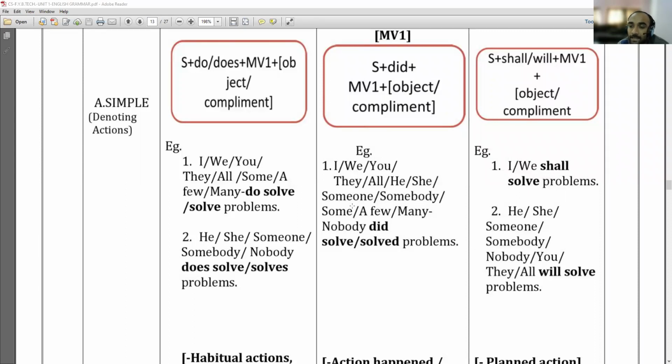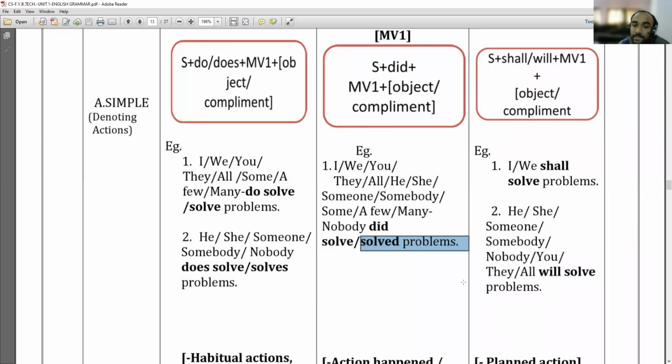Either we say like this or we will say like I solved problems. I did solve problems किंवा I solved problems. You can choose any structure, but generally we use ed, that is we add ed suffix in the main verb and form the sentence.